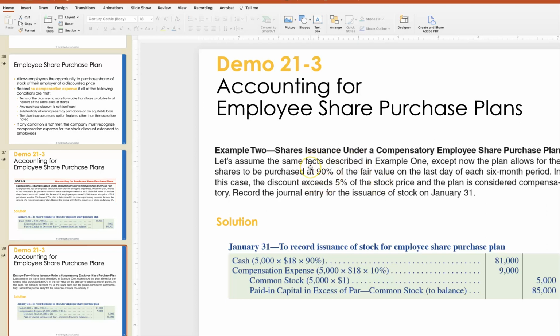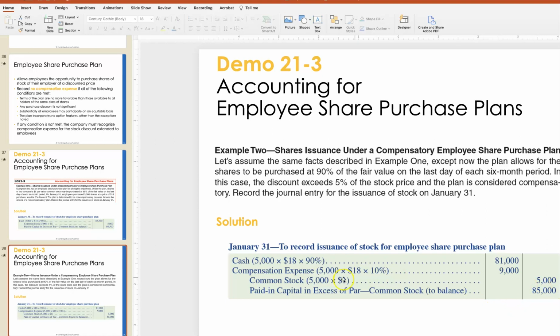Because notice it's a 10% discount right now. It exceeds the 5%. Now we've got to go ahead and take some compensation expense. So in this case, we'll do the amount of cash they give us. They're giving us 90%. The remaining amount then, up to 100% of the $18, has to go into compensation expense, and I issue my shares.